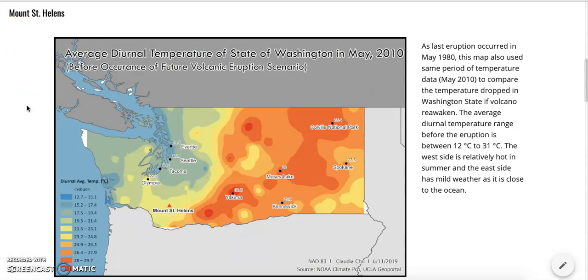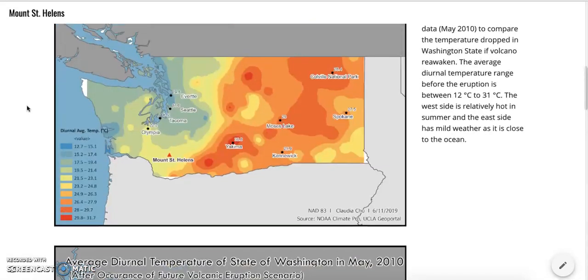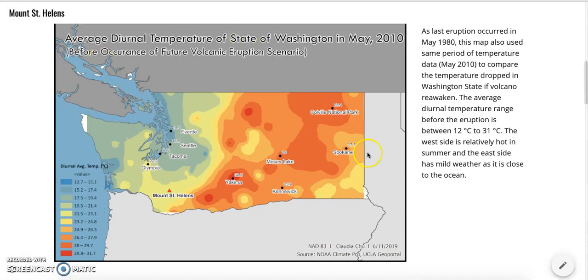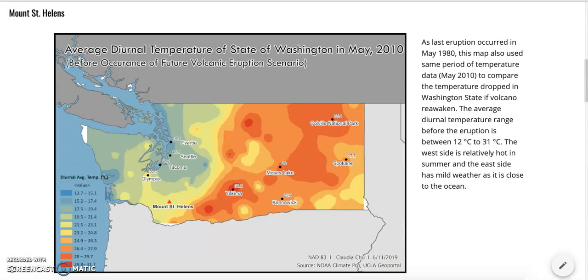Therefore, I think IDW maps will be a good way to show the temperature difference. In a normal situation, the east side of Washington State usually suffers relatively hot weather in the summer, and the west side usually has mild weather because it is close to the ocean. The temperature range is between 12 and 31 degrees Celsius.